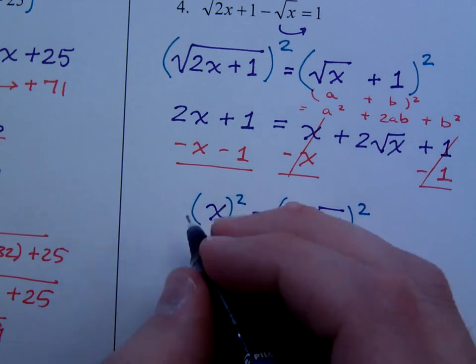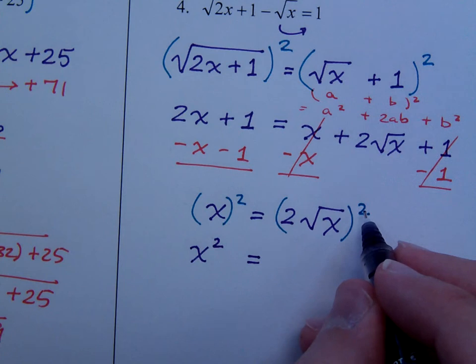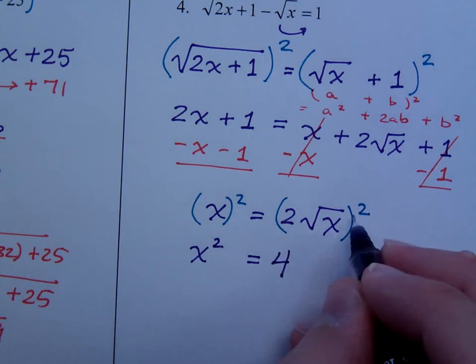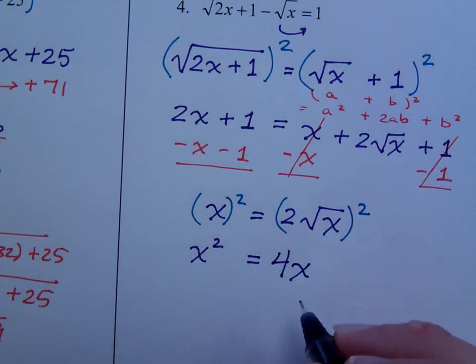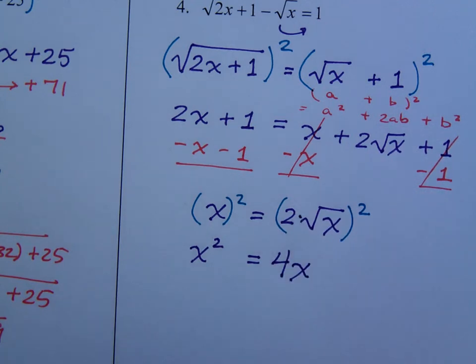So when I do that, I end up with x squared is equal to, now be careful, you square the 2 to get 4, you square the square root to get x. Now we can square each of these pieces because it's a product, they're stuck together. So it's not like the special product up here that had addition separating 2 terms.